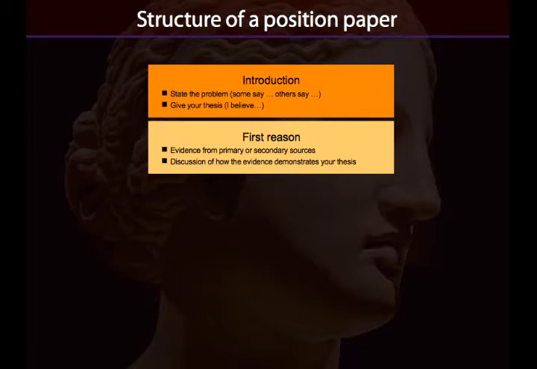In the case of Hannibal's use of elephants, my thesis outlines three reasons why the use of elephants was a bad idea. I talk about the first reason, and I make an assertion associated with that reason, and then in the paper I would describe the evidence that relates to that, and then discuss it.